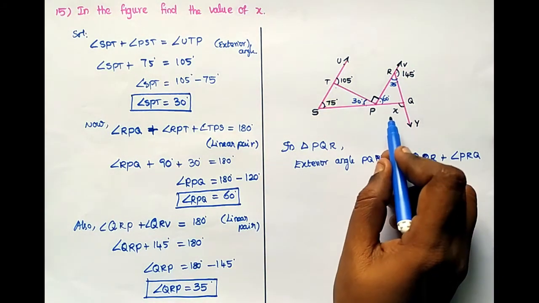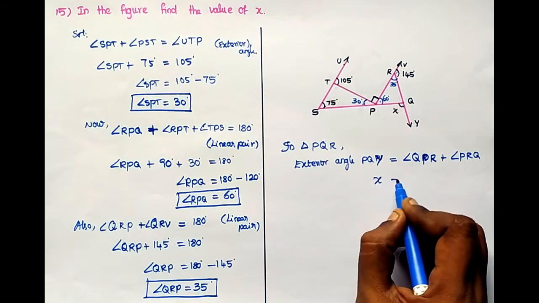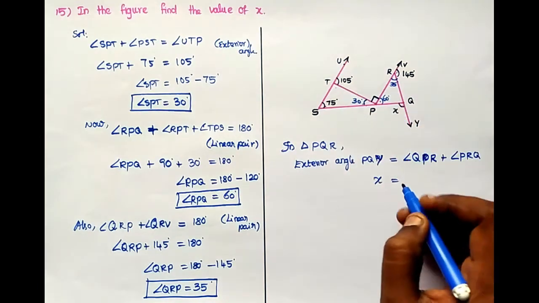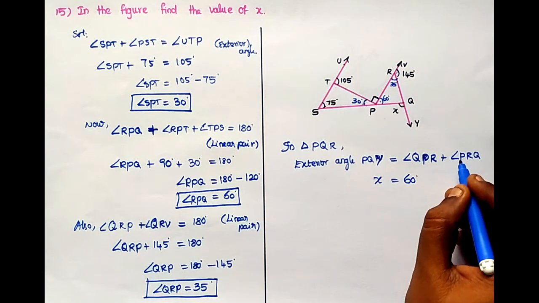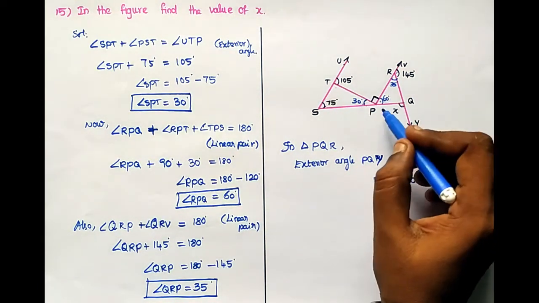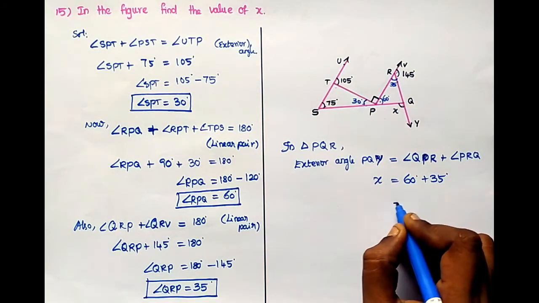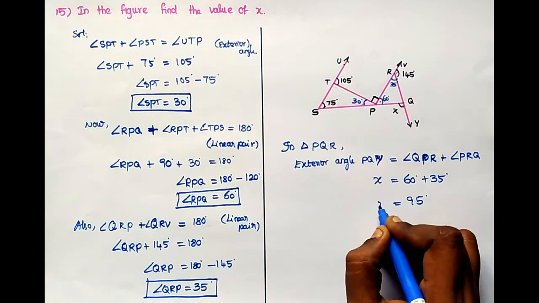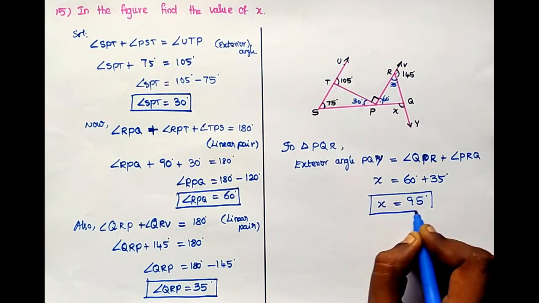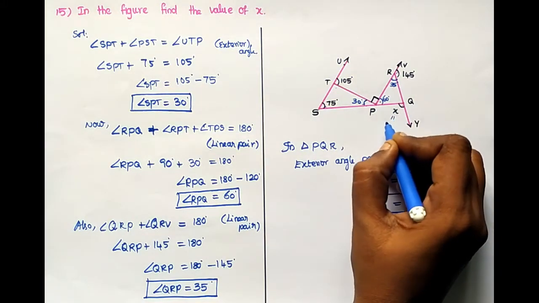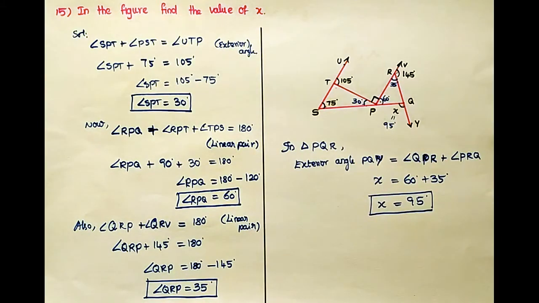So PQY is X equal to QPR that is 60 degrees plus QRP or PRQ that is 35 degrees, add means 95 degrees, that is X value. That is the answer.